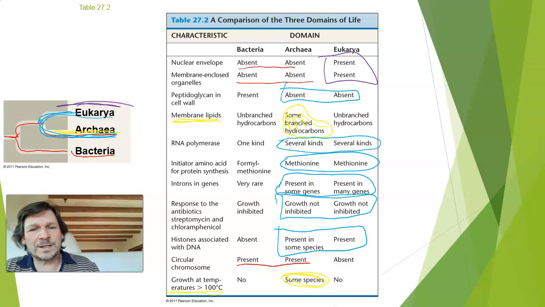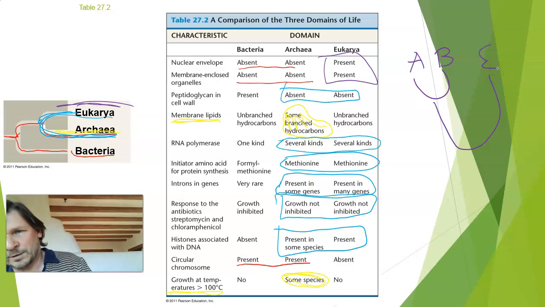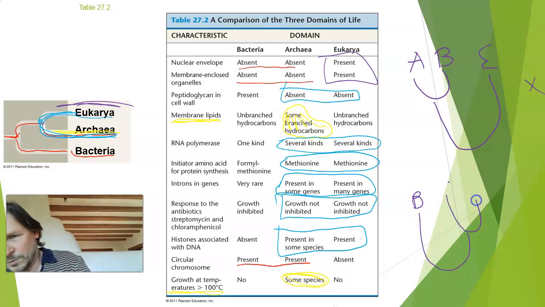And if you look at it, it's not just one trait, and you have to think, well, if we were to draw it, we have archaea and bacteria versus eukarya, which is not correct. Or we have bacteria, then it branches over here with the archaea and the eukarya.